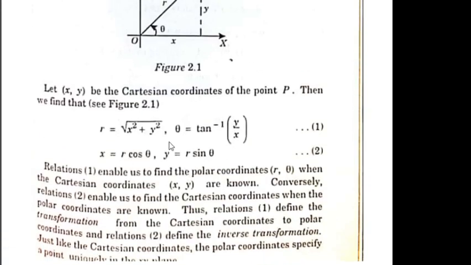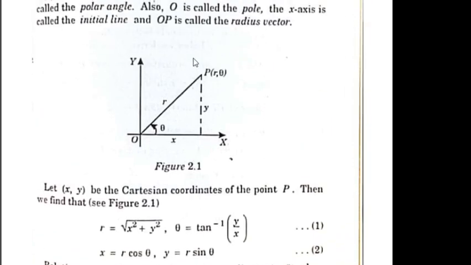How are these relations obtained? This is a right angled triangle, and this is the angle theta. Now calculate sin theta. Sin theta is opposite by hypotenuse, so sin theta is y divided by r. So y by r is equal to sin theta. Cross multiply, you get y equal to r sin theta.